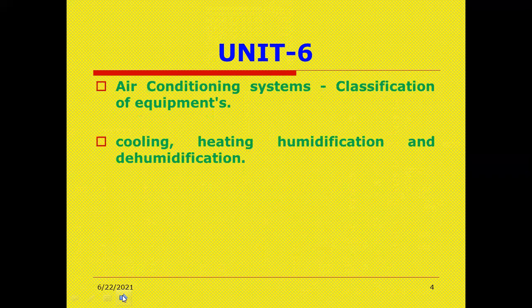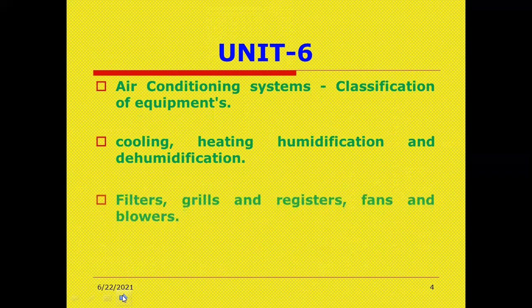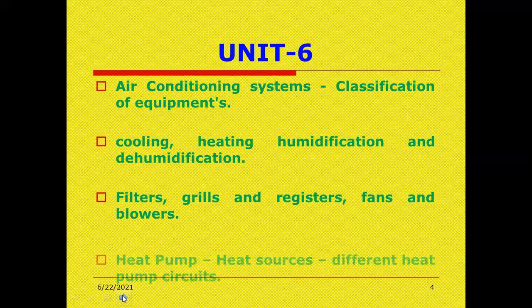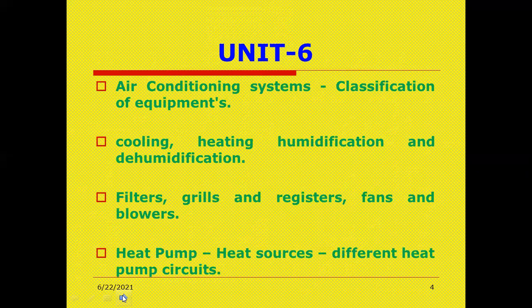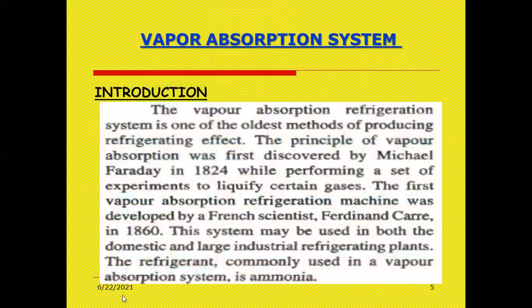Next, cooling, heating, humidification and dehumidification. Next, filters, grills and registers, fans and blowers. Heat pump, heat sources, different heat pump circuits. So these are the topics you have in units 5 and 6. We shall complete these topics within our expected duration.